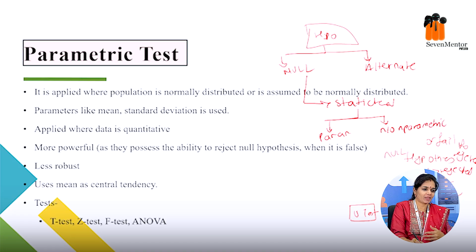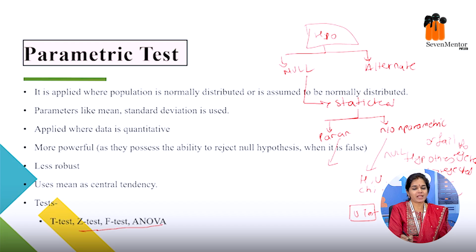But trust me, while implementing, we go from bottom to top. This is parametric. We have different tests here: Z test, T test, F test, ANOVA test, etc. Under non-parametric, we have H test, U test, chi-square test, etc.